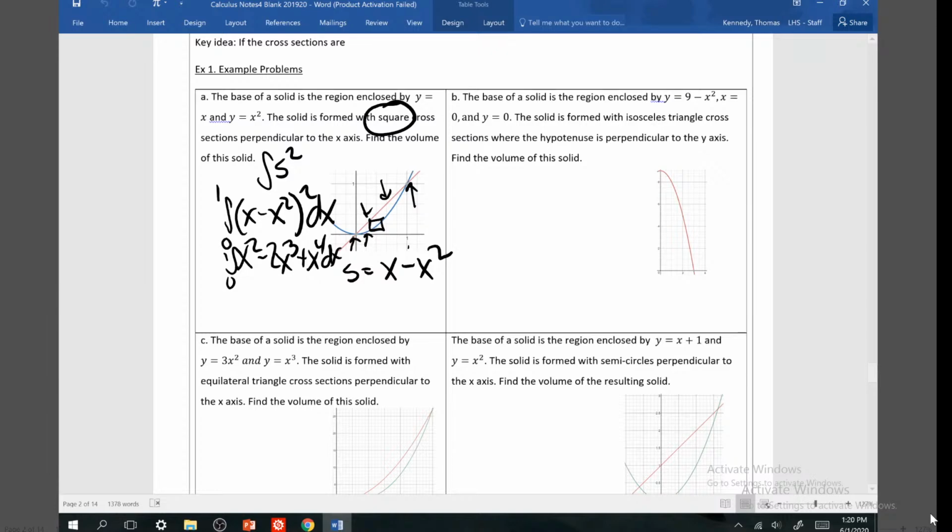I integrate this, and I get x cubed over 3 minus 2x to the fourth over 4 plus x to the fifth over 5, evaluated at 0 and 1. And then we just put 1 and 0 in there. And the answer, because 0 just gives us 0 in this integral, is 1/3 minus 1/2 plus 1/5.